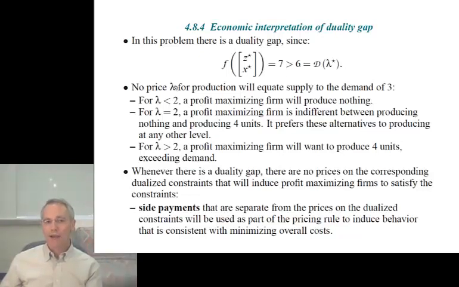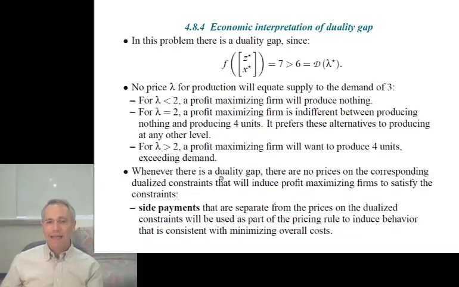So no price in this case for production will equate supply to the demand of 3. For lambda less than 2, a profit maximizing firm is going to produce nothing. For lambda equal 2, a profit maximizing firm is indifferent between producing nothing and producing 4 units. And it prefers either of those to producing at any other level. For lambda greater than 2, a profit maximizing firm will want to produce 4 units.